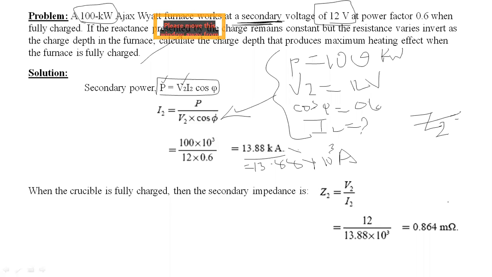Instead of 0.0008, I have taken it as 0.864 milliohms. Milli is nothing but 0.864 into 10 power minus 3 ohms. This is your secondary impedance when the furnace has been fully charged.